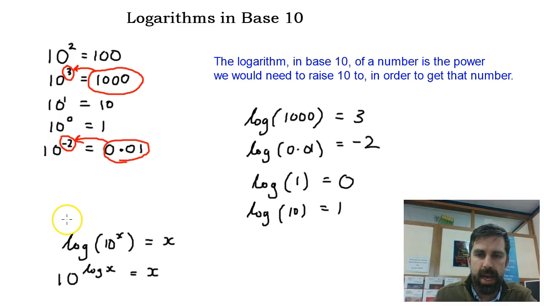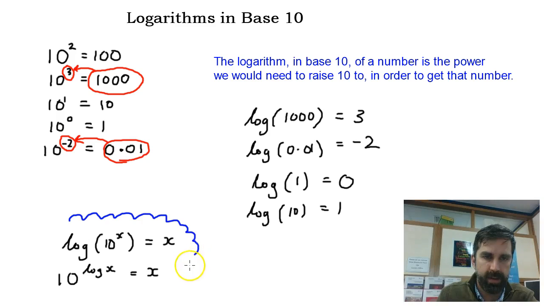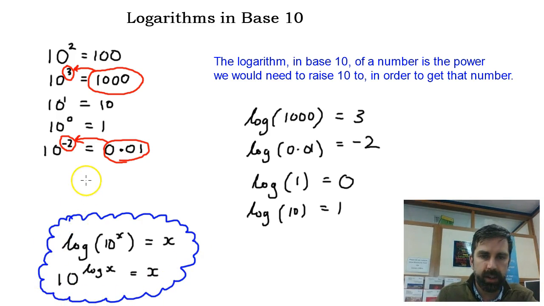Well, log and 10 to the power of are opposites. So if we take a log of 10 to the power of something, we just get the value that's in the power. The reverse is that if we take 10 to the power of a log, we get the value that we were taking the log of. So they kind of cancel each other out. Those two rules are really important, and you should write those down.